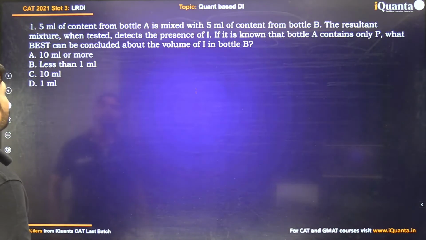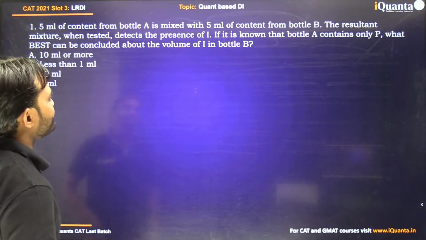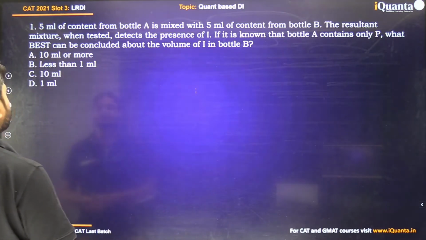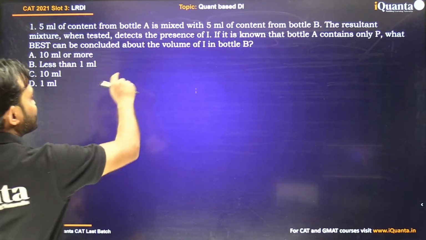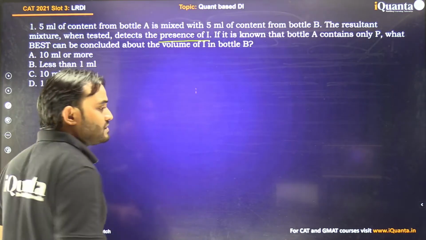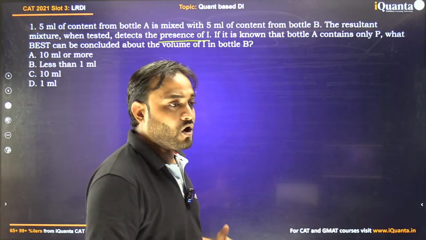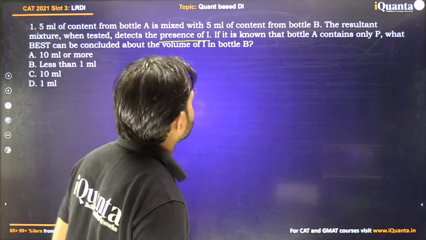It says 5 ml of content from bottle A is mixed with 5 ml of content from bottle B. The resultant mixture when tested detects the presence of I. Means impurity level is more than or equal to 10%, or purity level is less than or equal to 90%.